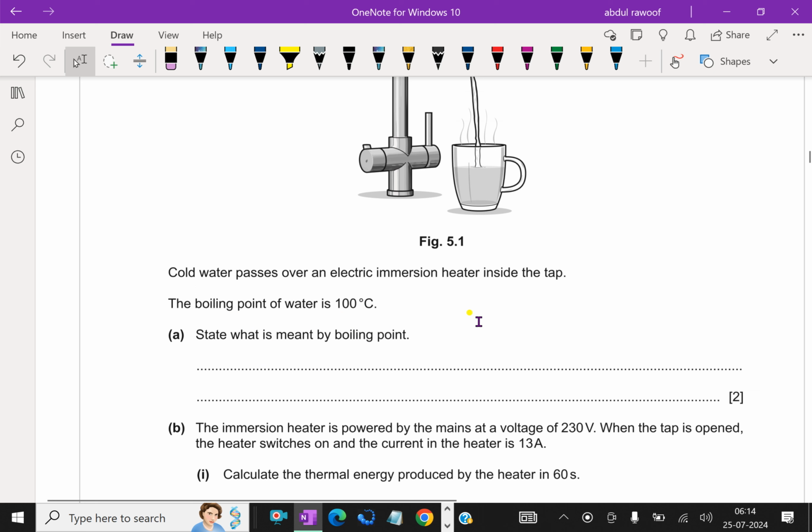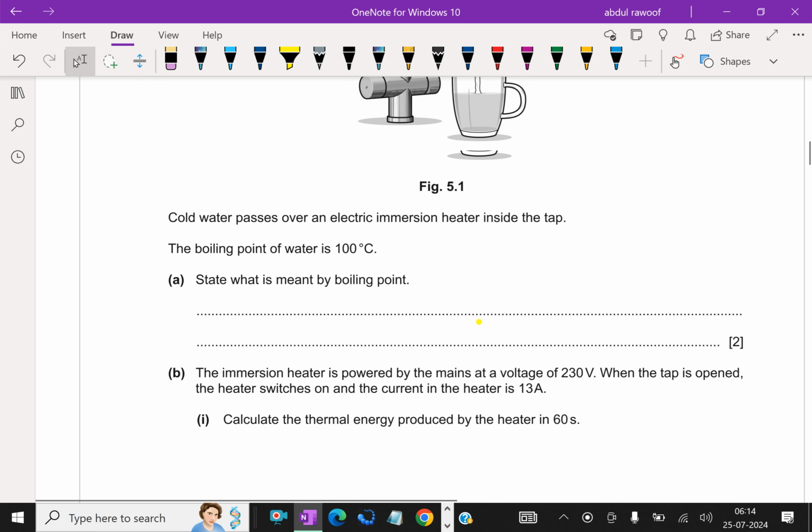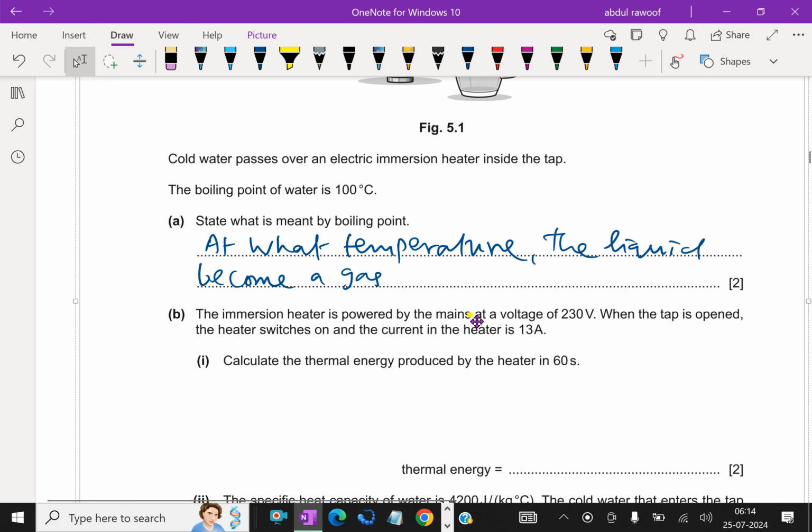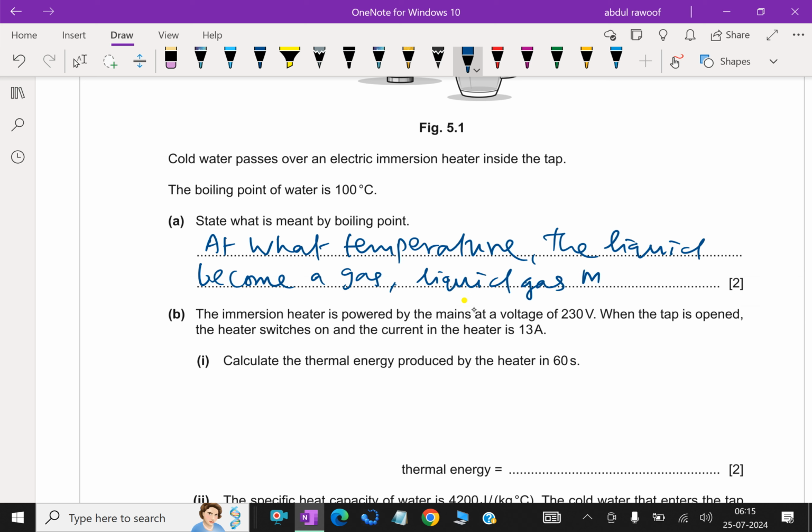The boiling point means a liquid becomes a gas. At what temperature does the liquid become a gas or a liquid-gas mixture?